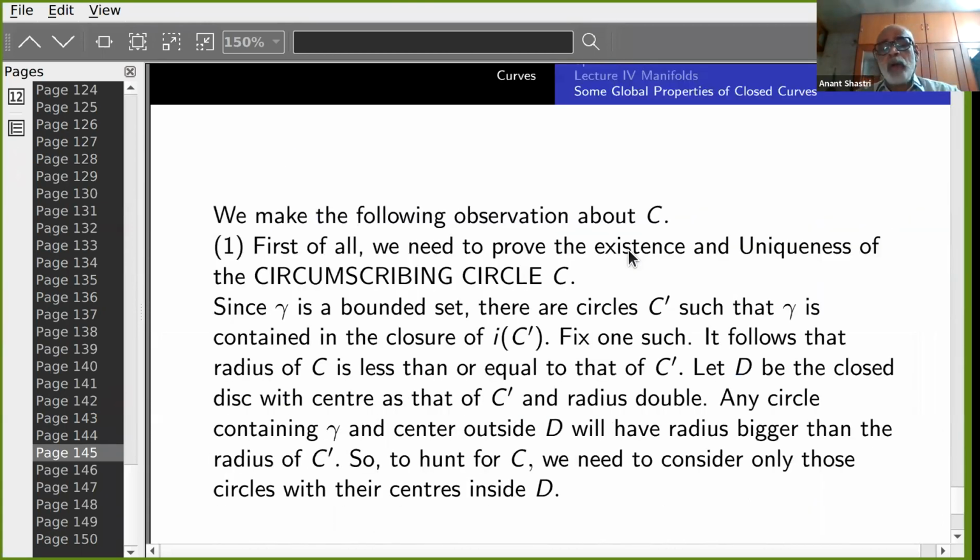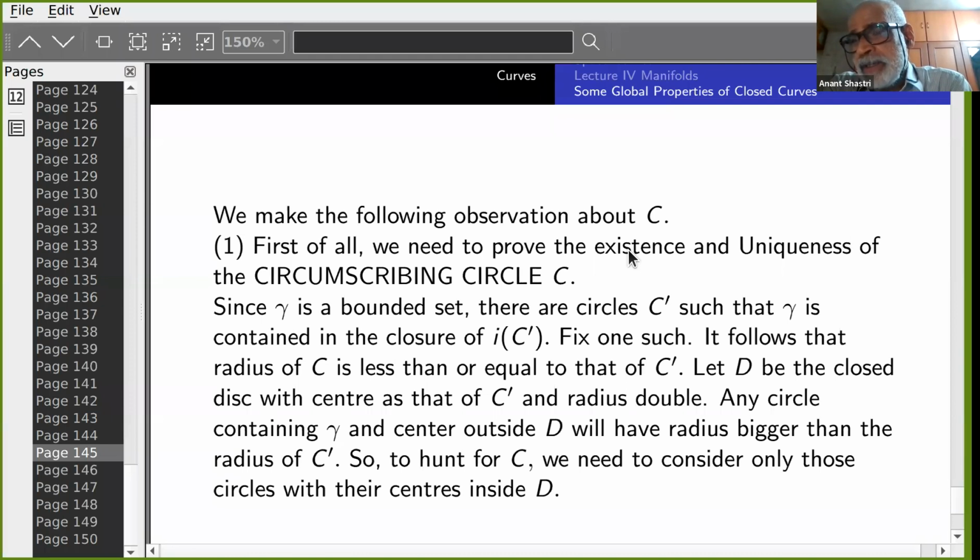We make the following observations. First of all, we need to prove the existence and uniqueness of the circumscribing circle. Remember, one of the objections to Steiner's proof of the isoperimetric inequality. In that proof, we never proved the existence of a minimizing, a maximizing, an optimizing curve.